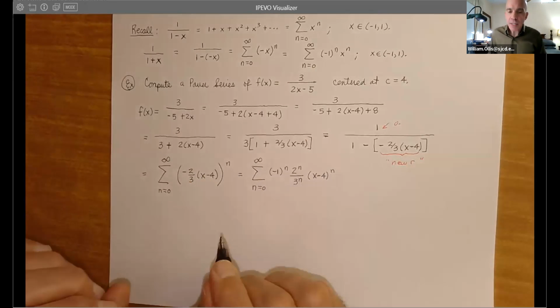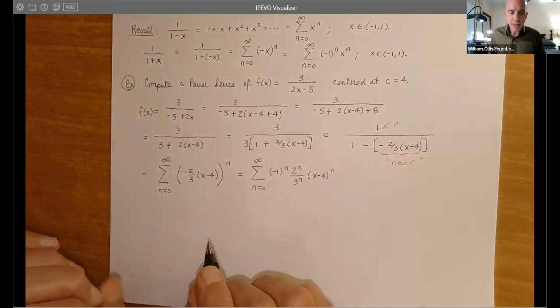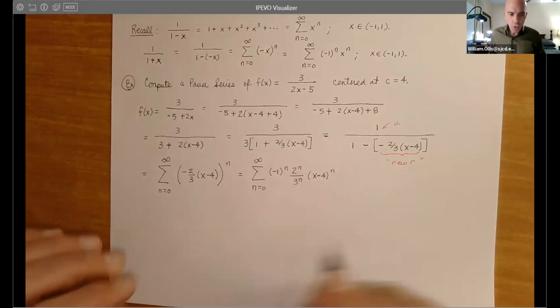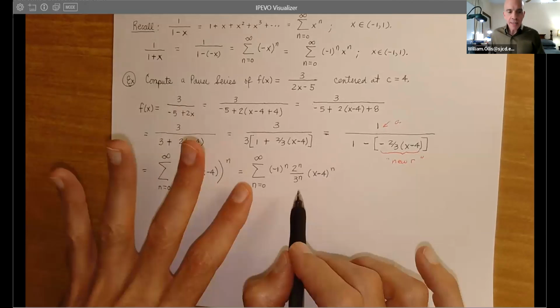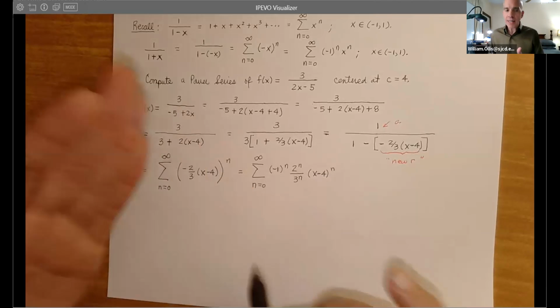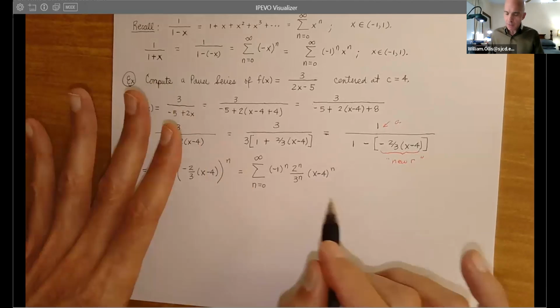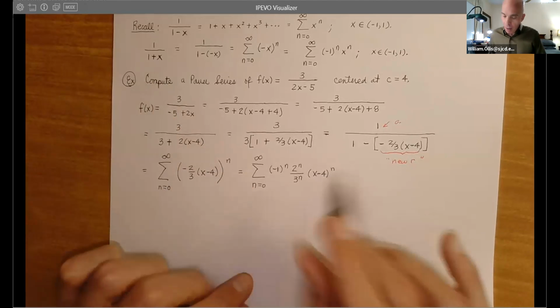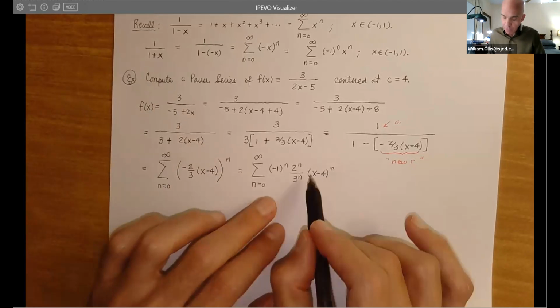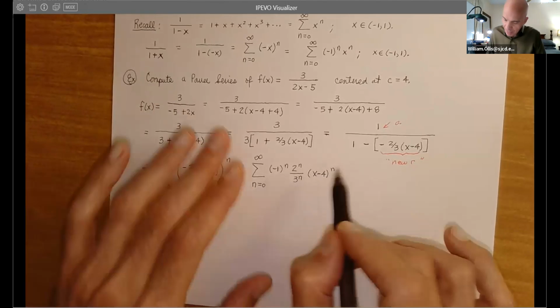Now, when you look at this, you think, okay, this looks neat, this looks good. So when we finish with this, here's our series. Now, do you want to write it any differently? Do you want to make it look any differently? No, this is fine. This is exactly what we need. Sometimes students like to put everything in this kind of package.